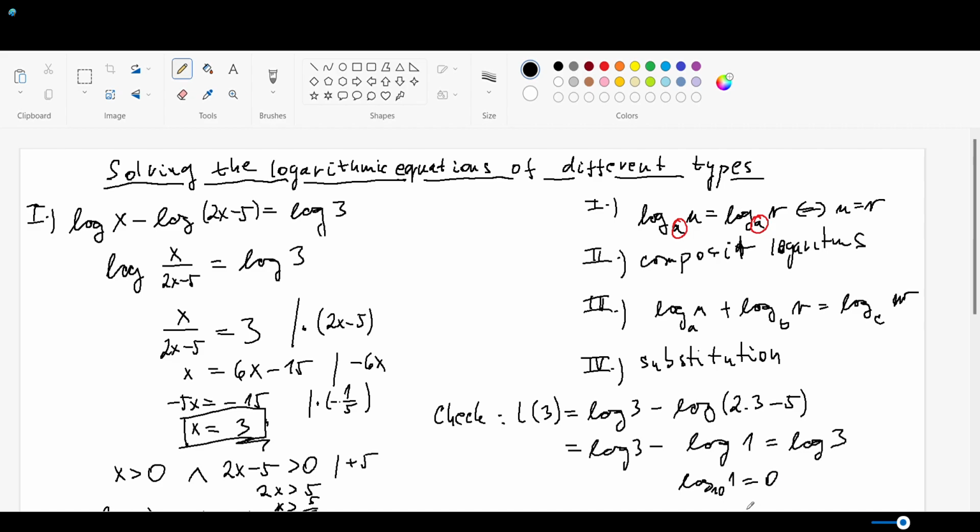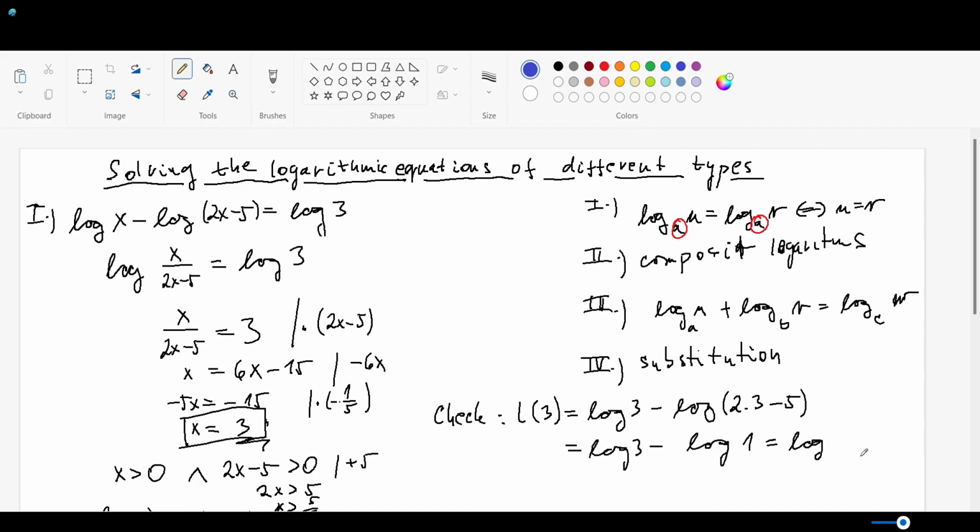And the answer is 0, because from the definition there comes 10 to the power of 0, 10 to the power of 0 is equal to 1, which is correct, okay? So log 1 is really equal to 0, which means that the left side for x being 3 is equal to log 3, or logarithm 3.